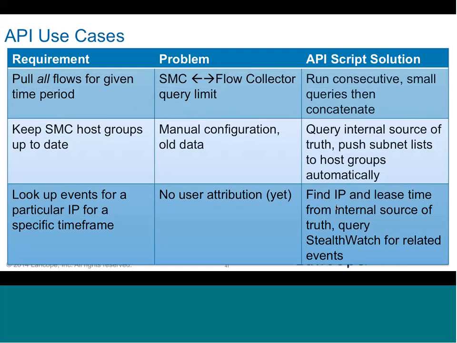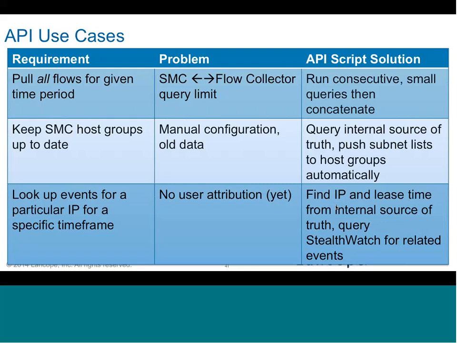What the limitation there has been historically is that SMC will only permit you to return 400,000 flows per query. That's quite a bit, and that covers a lot of circumstances. But we do occasionally have investigations or incidents where we need more than that, right?